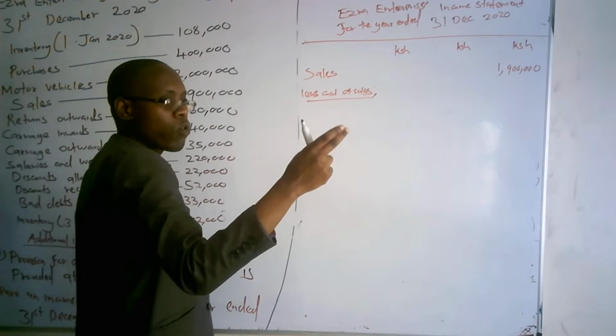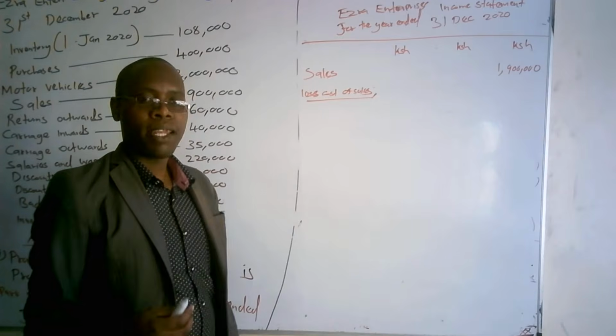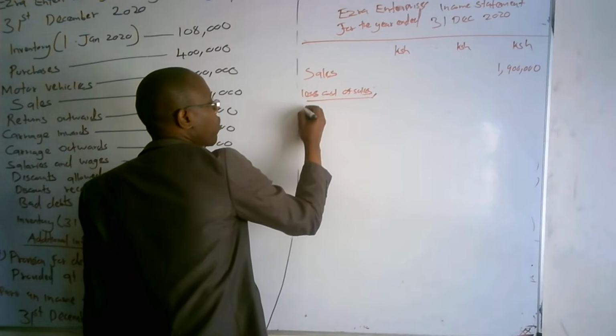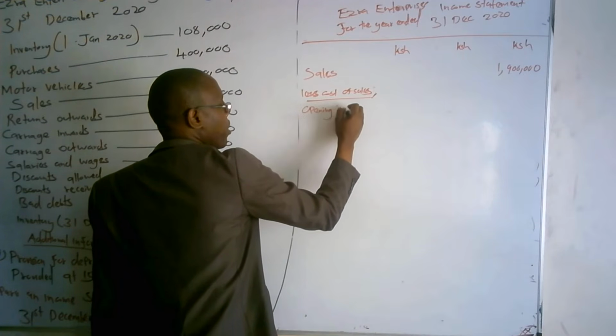Remember, cost of sales is always opening inventory plus net purchases minus the closing inventory. So in this case, we start with the opening inventory.